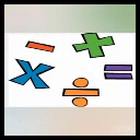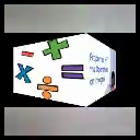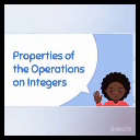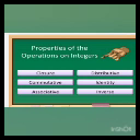In the previous video you have learned about addition, subtraction, multiplication and division of integers. Now in this video you are going to learn about properties of the operation on integers.